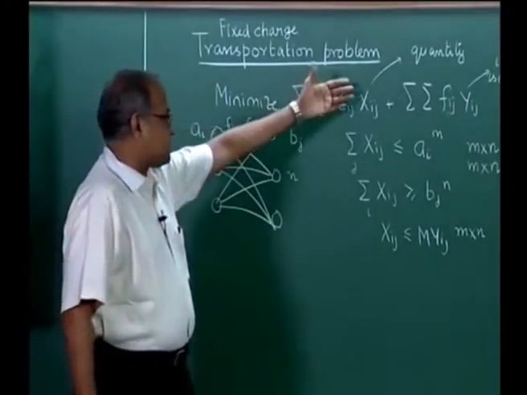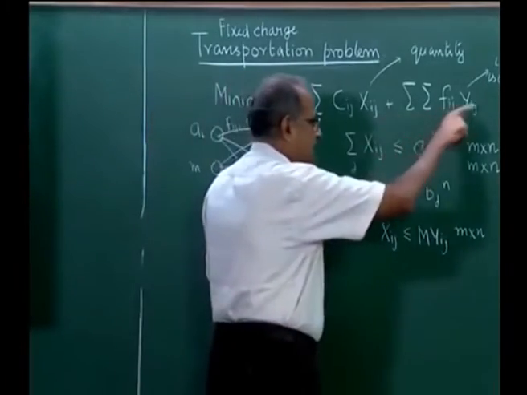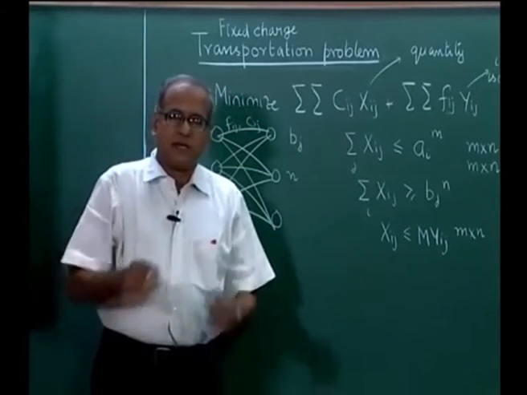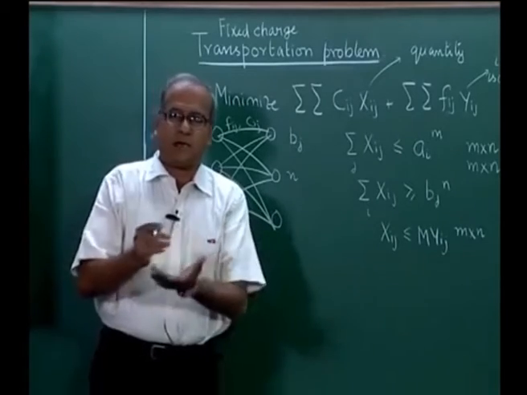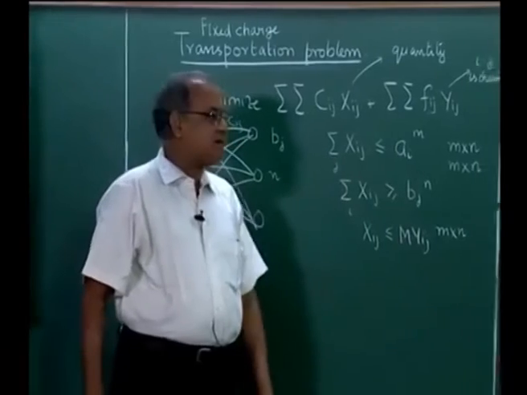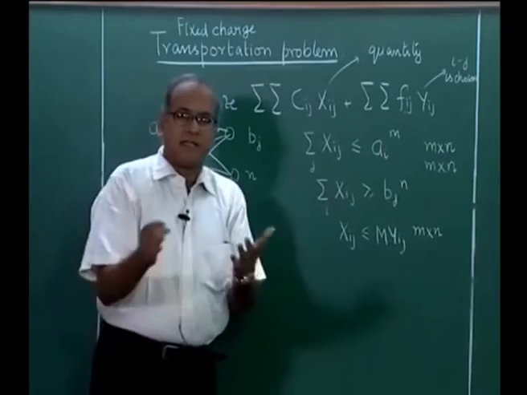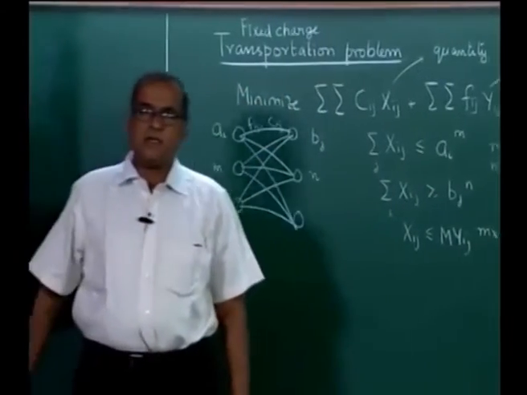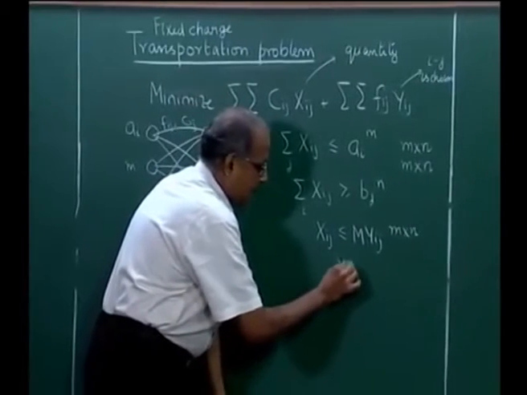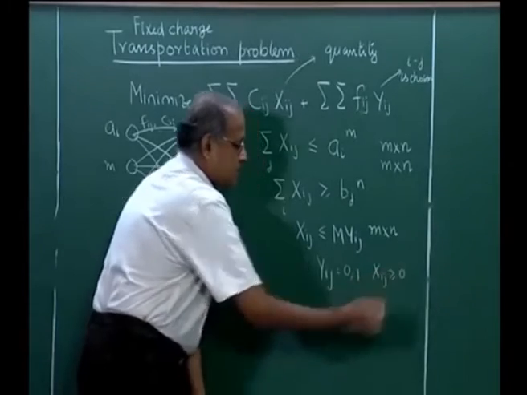So this fixed charge transportation problem, which has an additional fixed charge on the arc, will now have 2 into mn variables, where mn are binary and the other mn are continuous, and it has m plus n plus mn constraints, where these m and n are the supply demand and these are the linking constraints that link the Xij to the Yij. So Yij's are binary and Xij are greater than or equal to 0.